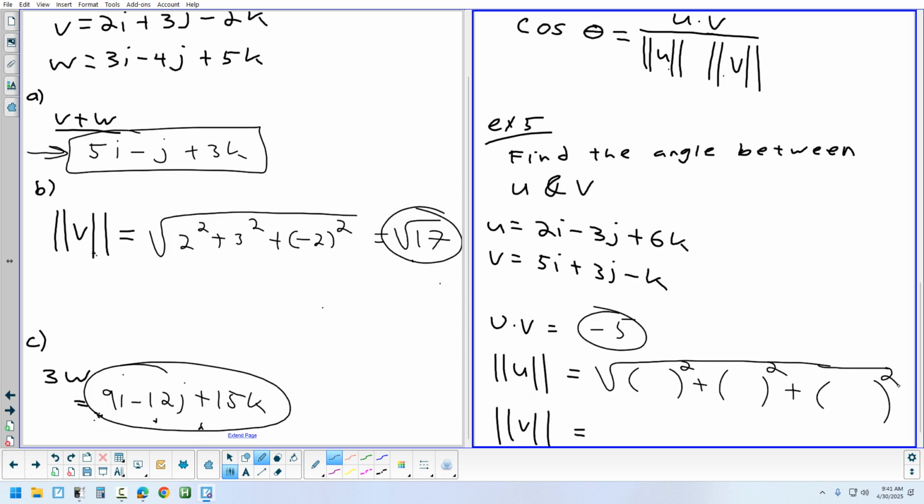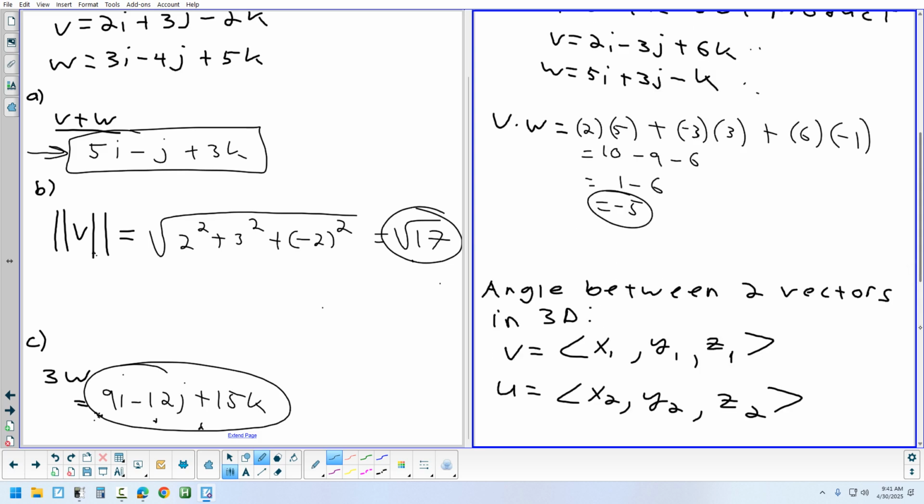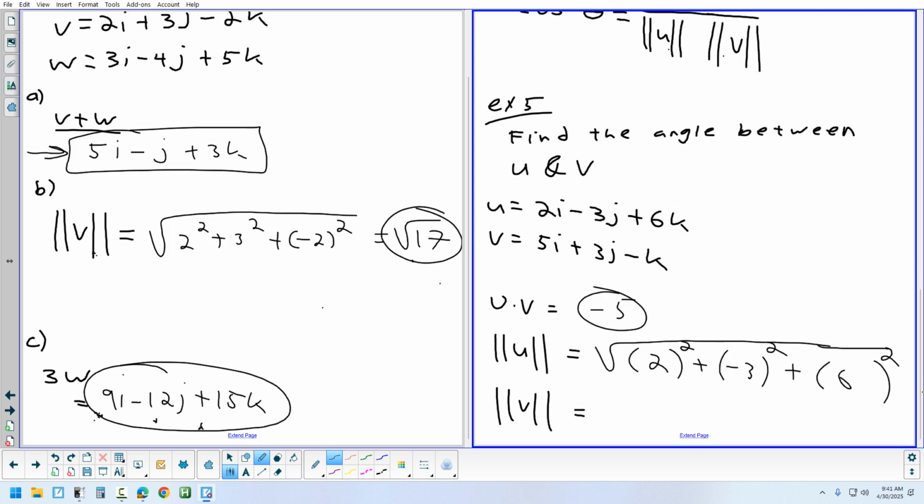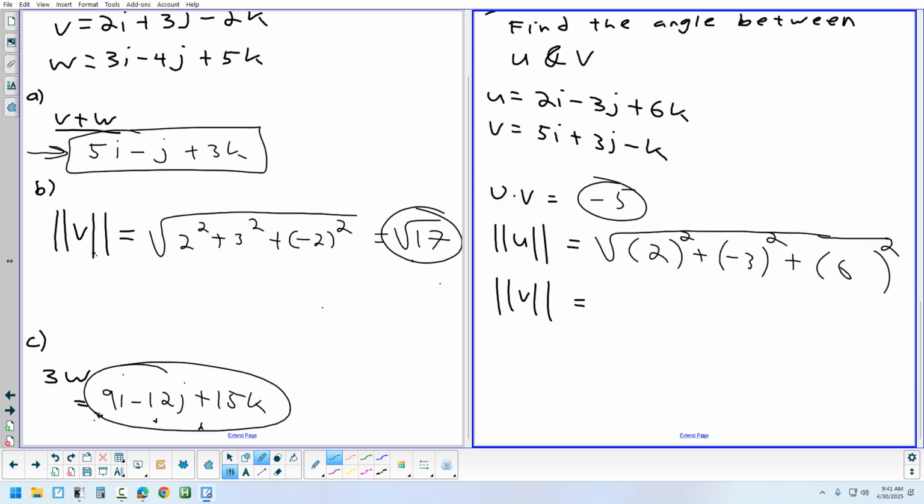Okay. What are the numbers I'm going to fill in when I find the magnitude of u? Yep. 2, negative 3, and 6. Okay. Set it up exactly the same way for the magnitude of v. And what am I going to fill in for that formula?